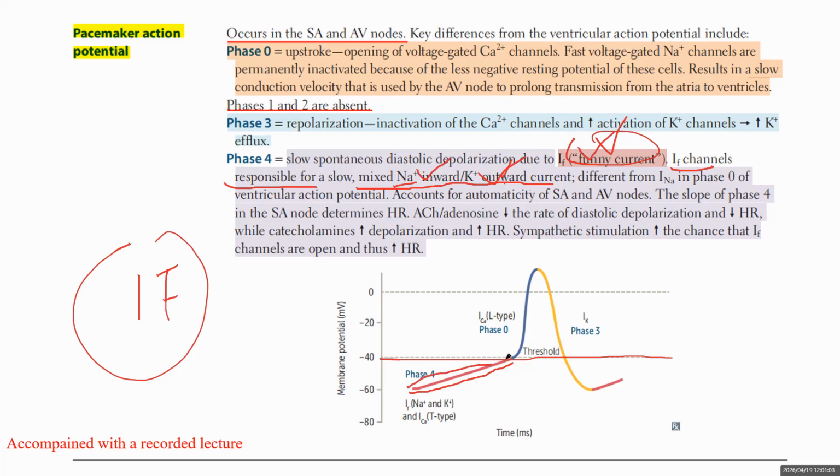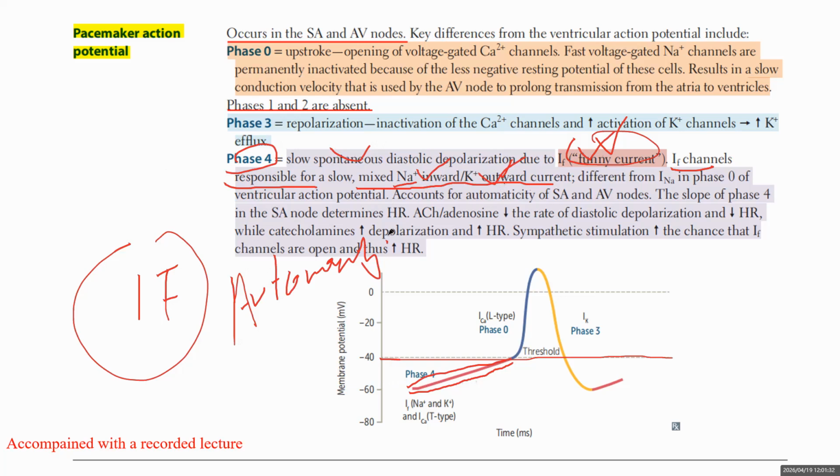This slow spontaneous depolarization happens until it reaches the threshold. Phase 4 is also responsible for automaticity, which means the pacemaker property of the SA node and the AV node depends mainly on phase 4.